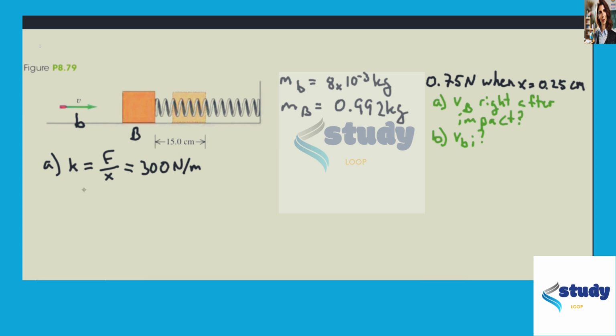Now, from conservation of energy, we know that the potential energy in the spring when it's fully compressed and the block is stationary momentarily has to be equal to the kinetic energy of the block with the bullet embedded in it right at the moment of impact and right before it starts compressing the spring.